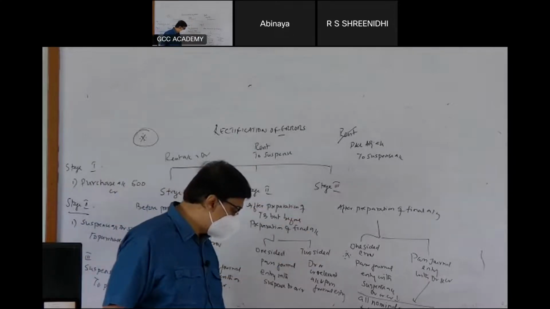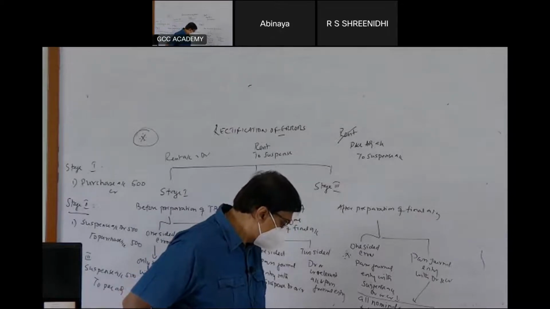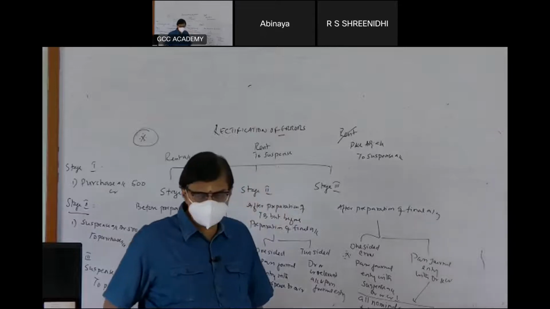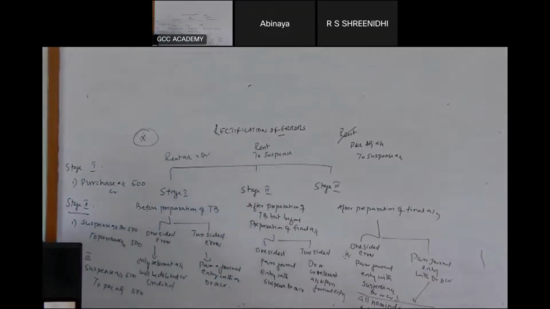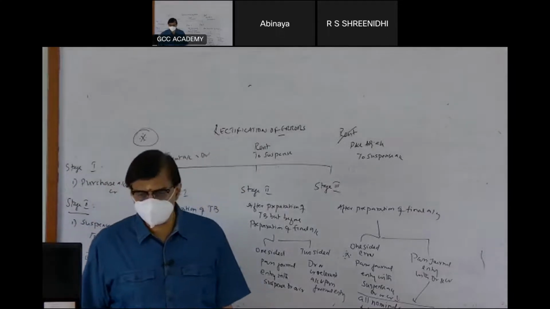The next one. Salary paid to Karina. Wrongly debited to Karina account instead of salary account. Normally salary paid to Karina, take it as cash paid.